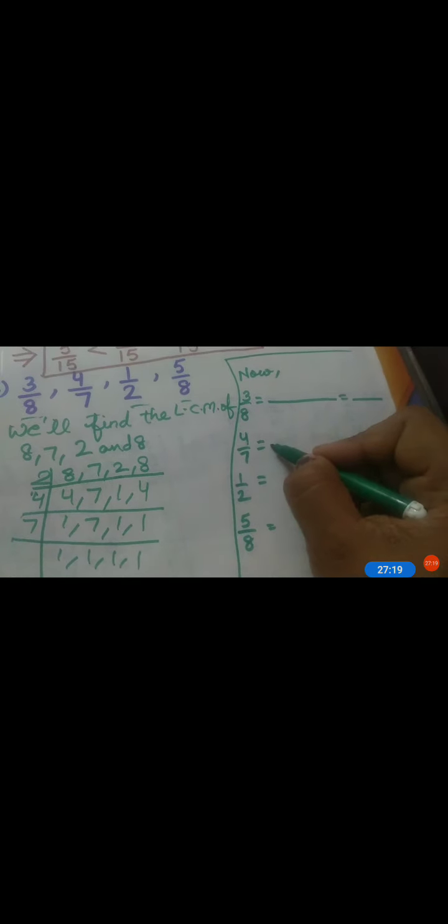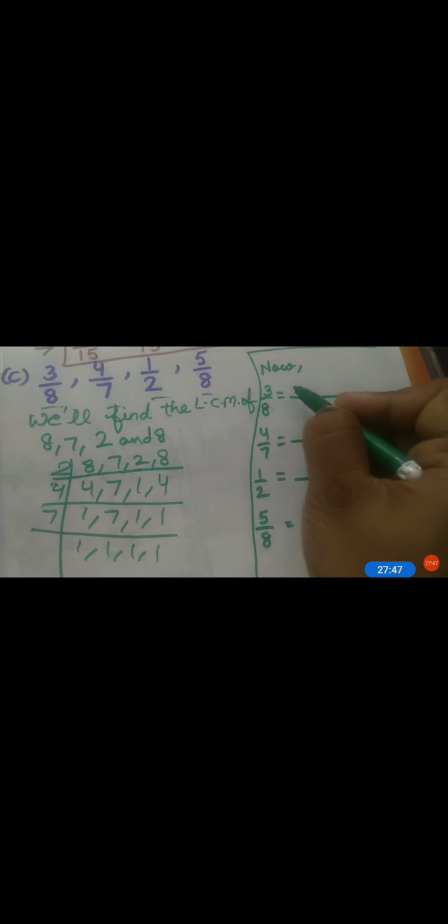A long dash and a small dash. Long dash, small dash. In the denominator of small dash, we will write the LCM. Our LCM is 56. We will write 56 below this dash, small dash, 56.